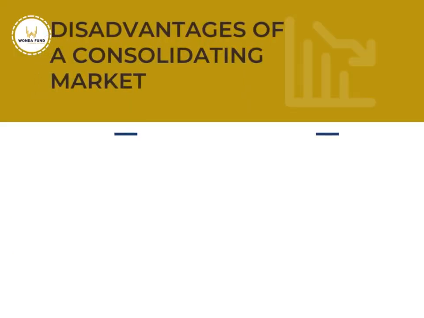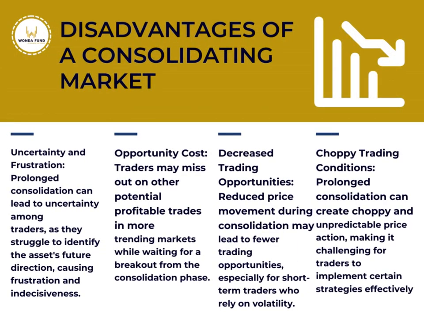Okay. Now, let's take a look at some of the disadvantages of a consolidating market. Now, as I said, uncertainty and frustration. I said the market is consolidating at a resistance, so it's incredibly difficult to tell what it's going to do next, right? So, prolonged consolidations can lead to uncertainty among traders as they struggle to identify the asset's future direction, causing frustration and indecisiveness.